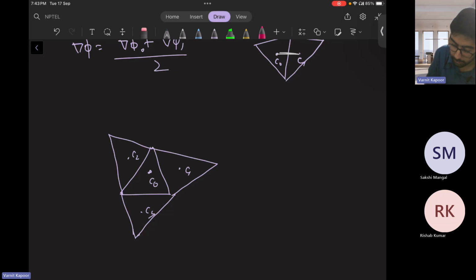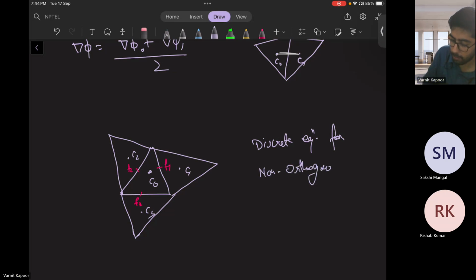These are the faces connecting: this is face 1, face 2, and this is face 3. So let us assume all these and write the discrete equation for non-orthogonal meshes.